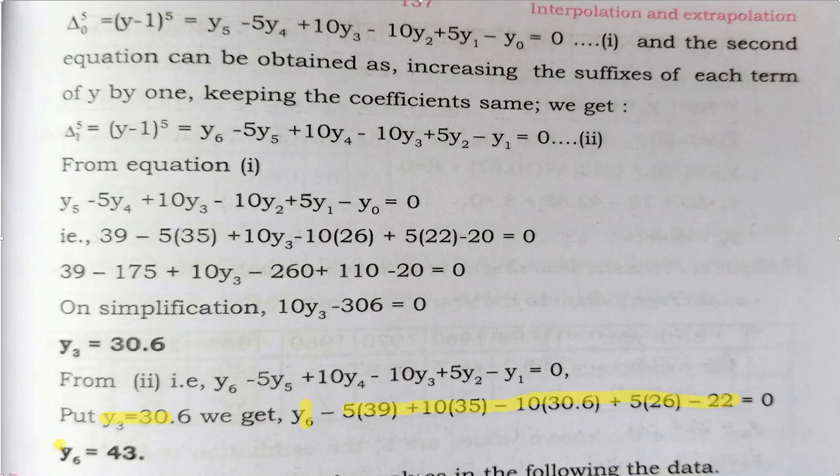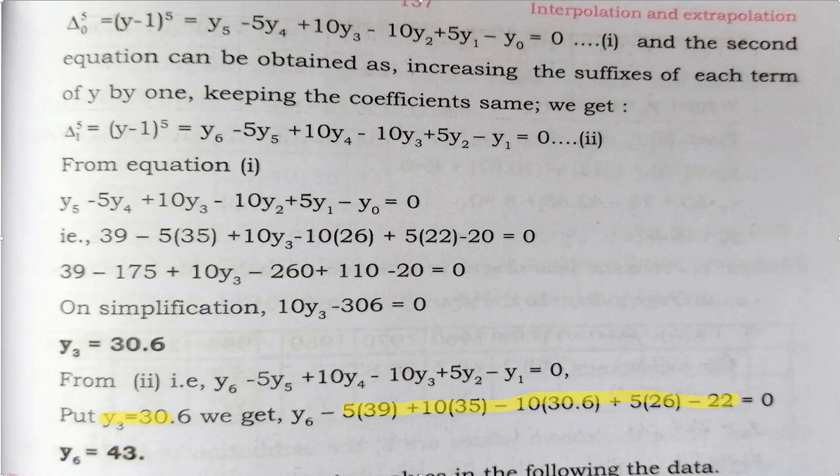Using a calculator: 5 into 39, 10 into 35 minus 10 into 30.6 plus 5 into 26 minus 22, we get y6 is equal to 43.